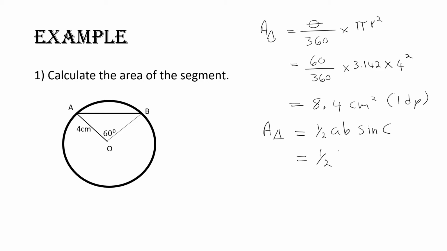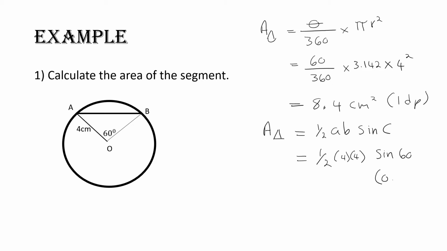So that would be 4 times 4, and I'm multiplying that by sine of 60. For sine 60, again, please don't hurt your head. You do need a scientific calculator to work on this. So when I do my maths here, I just put this in brackets so that you would see it. But I wouldn't be writing it down because I'm computing everything in one go because of space.